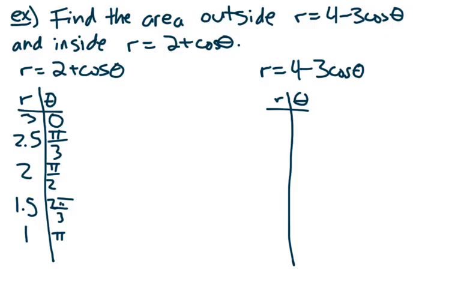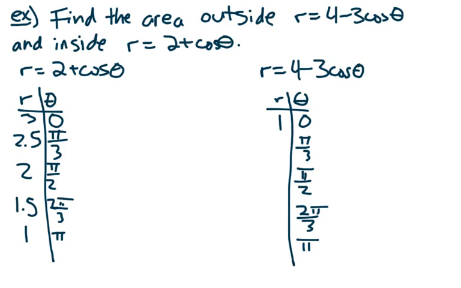Now for the other graph, we're going to plug in the same points to start with. Right? We're going to plug in all the things with reference angle pi over 3 and all the quadrantal angles, except that we really only have to do 0 through pi because of that same symmetry, which you should also show. Right? Now when we plug in 0, cosine of 0 is 1, so 4 minus 3 times 1, or 4 minus 3.